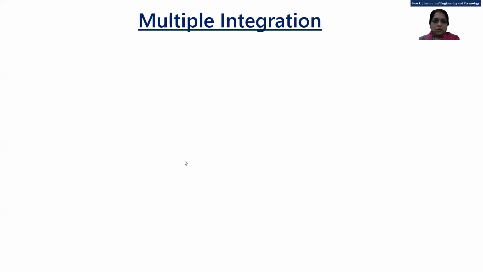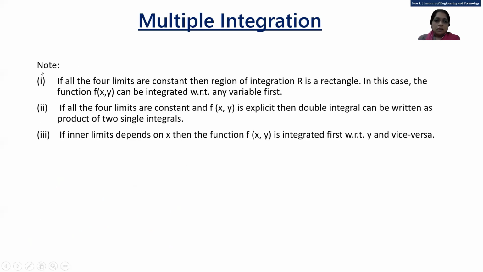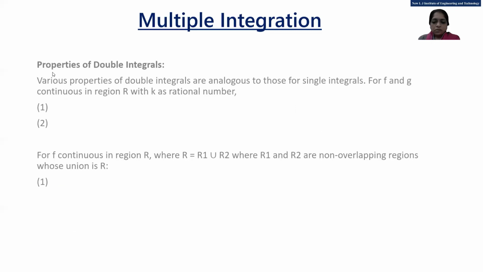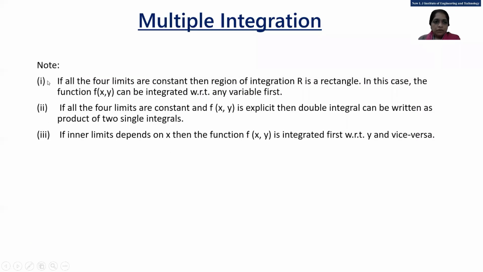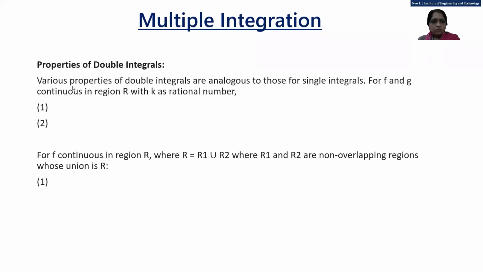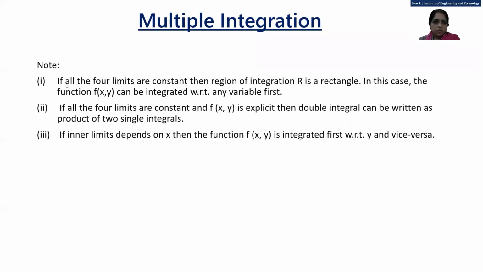Let's start. Some notes are there before starting the examples. Number 1: if all the 4 limits are constant, it is a really important point, then the region of integration R is a rectangle.